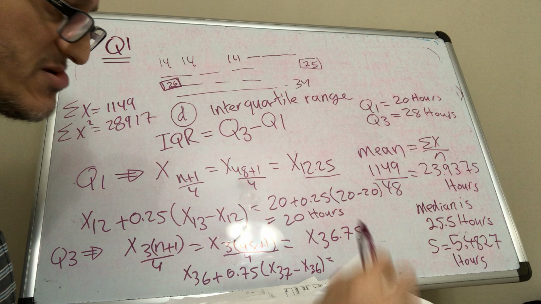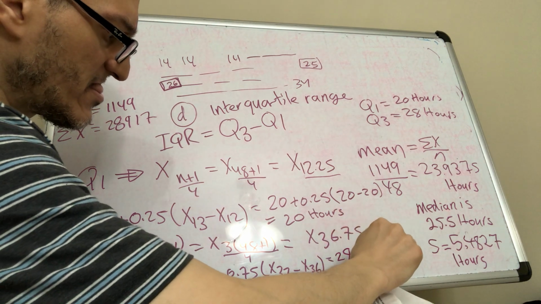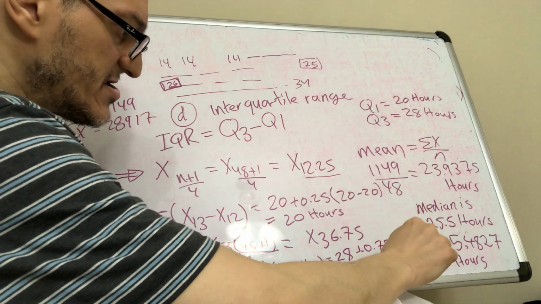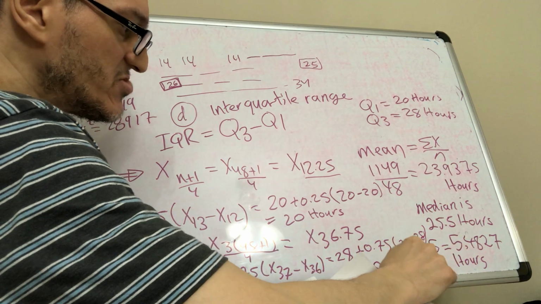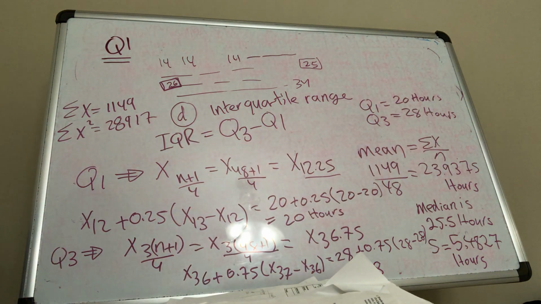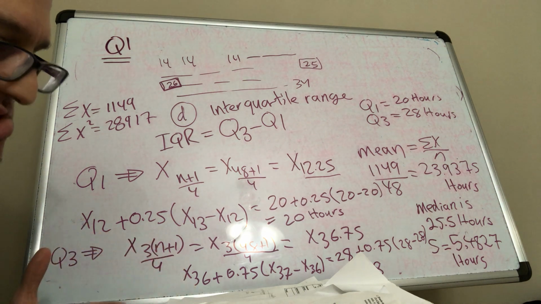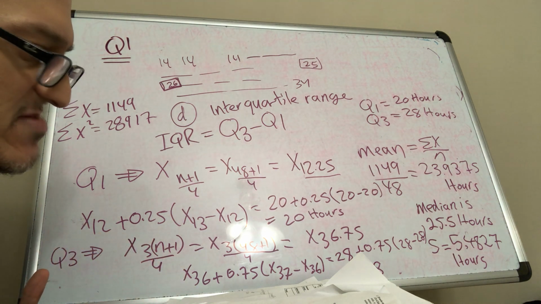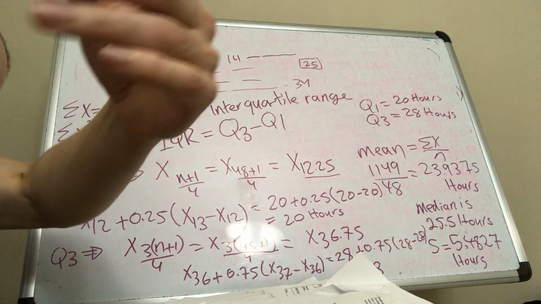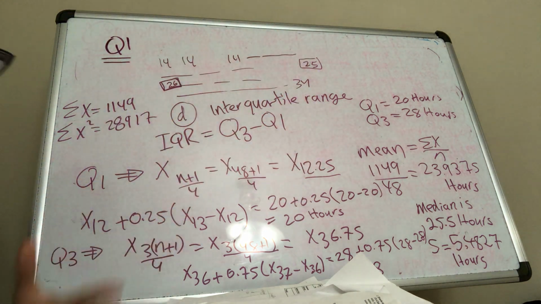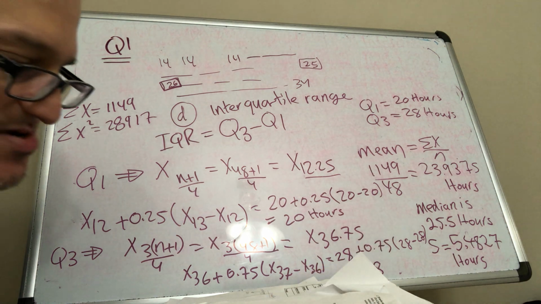The 36th is 28, 75% of 28, and the one that's after is also 28, so it ends up with 28. Because the numbers are close, you will end up with the same numbers either way, either approach. But it could be different if the numbers are different.